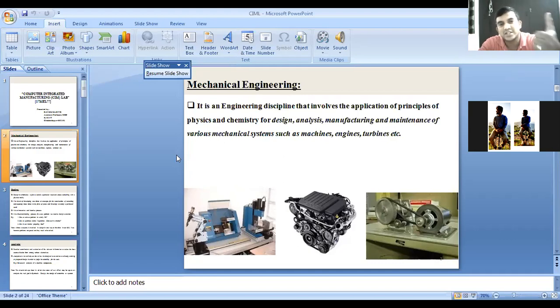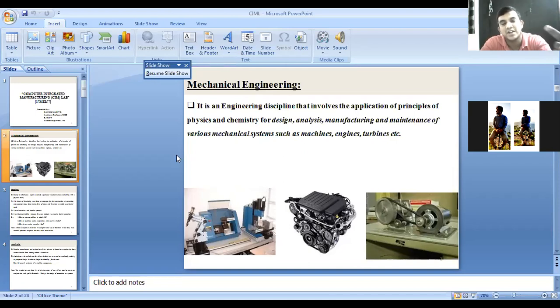One is energy conversion devices. It may be turbo machineries, turbines, IC engines, boilers. Those are called energy conversion devices. Next, energy transmission devices, which transmit mechanical energy, such as belt drives, gear drives, chain drives, rope drives.